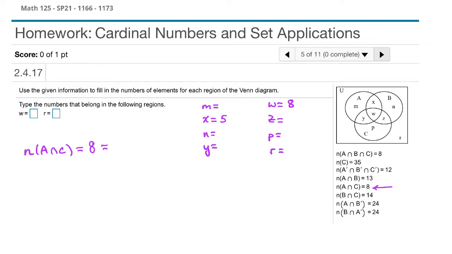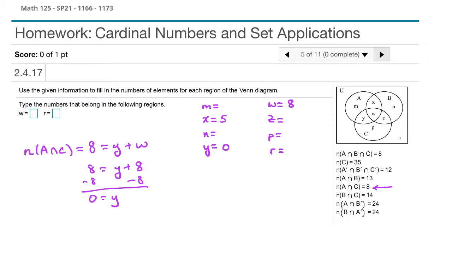Where A and C overlap are regions Y and W. So 8 is Y plus W. Since W is 8, subtracting 8 on both sides gives us a value for Y of 0.